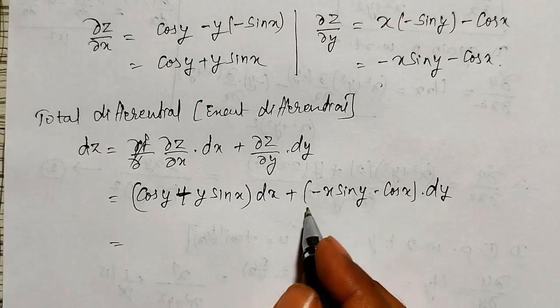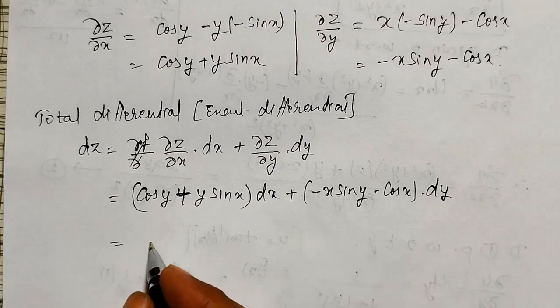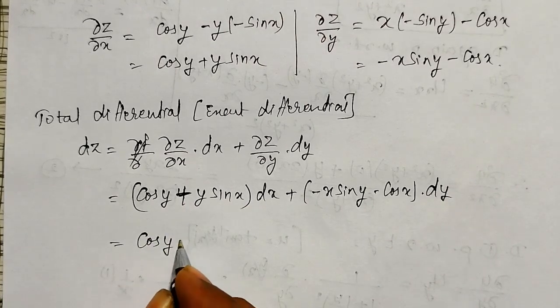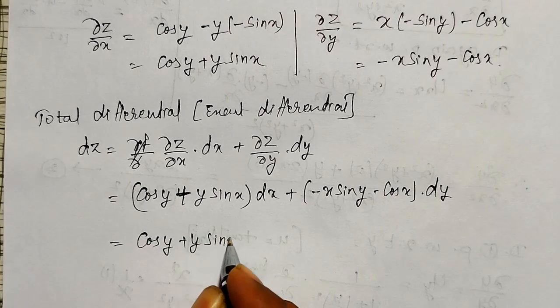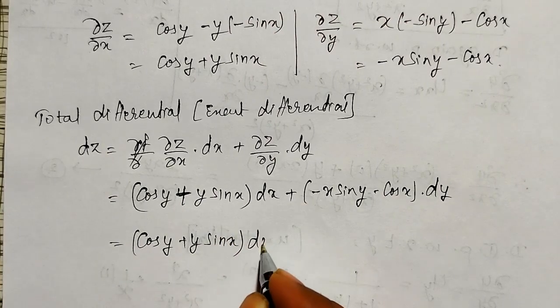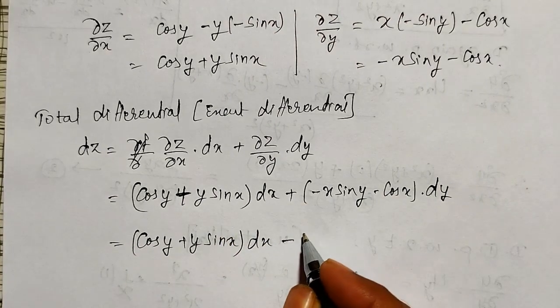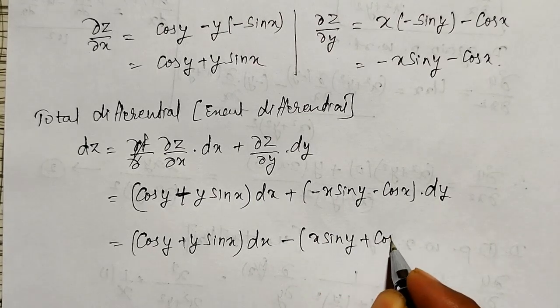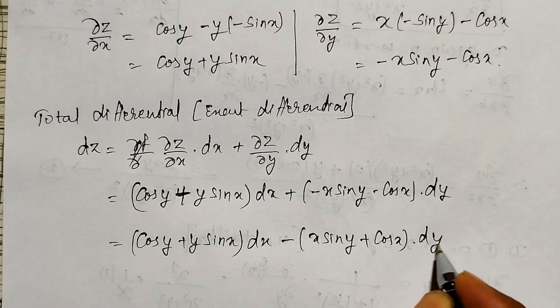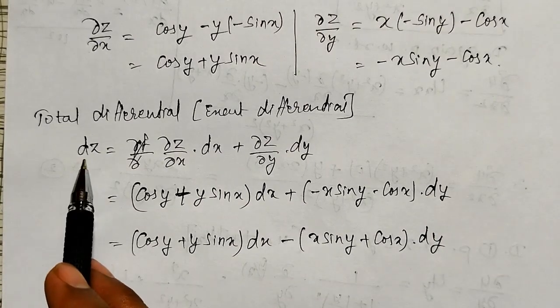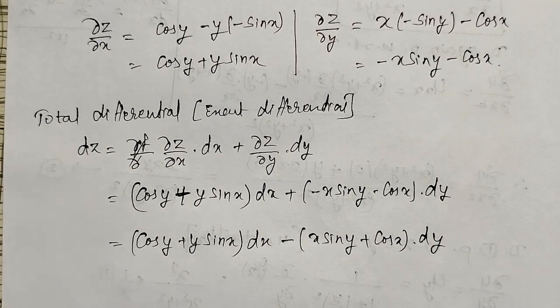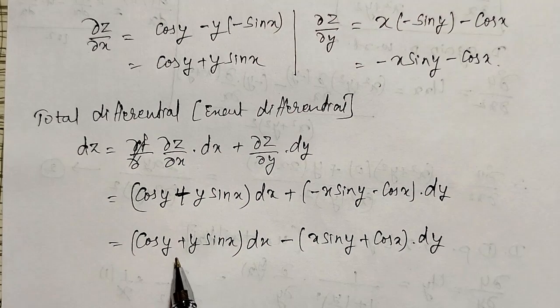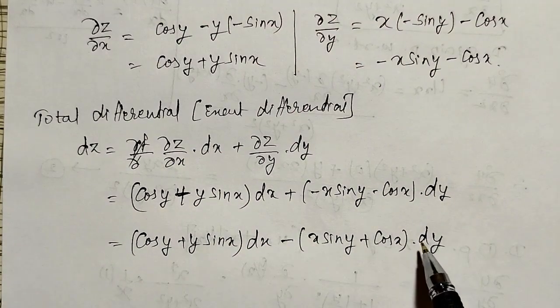Or taking the minus common, I can write it as cos y plus y sin x into dx minus of x sin y plus cos x into dy. This is the total differential or exact differential of z. It is nothing but an exact differential equation also, which in differential equations we are going to solve.